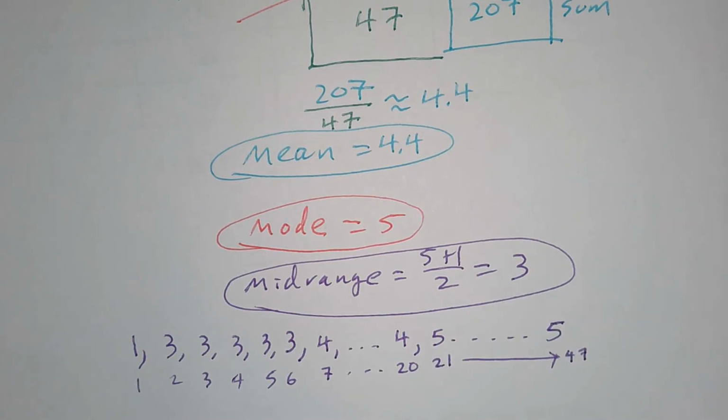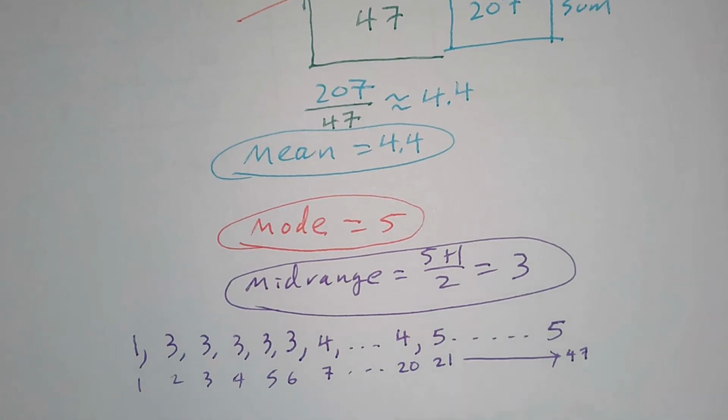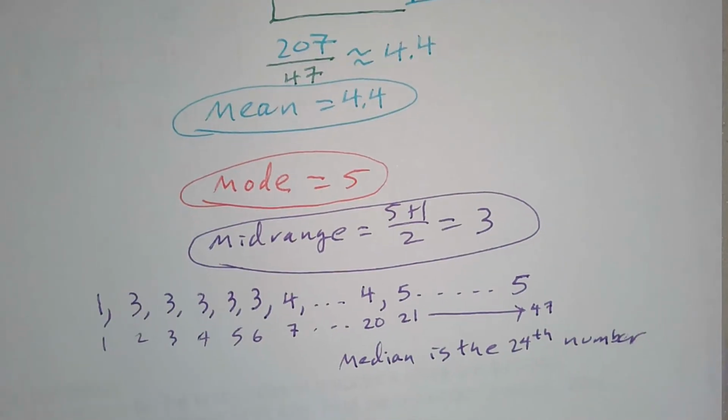If I have 47 numbers, well, half of 47 is 23.5. So my median has to be the 24th number, because I'll have 23 numbers above it and 23 numbers below it.